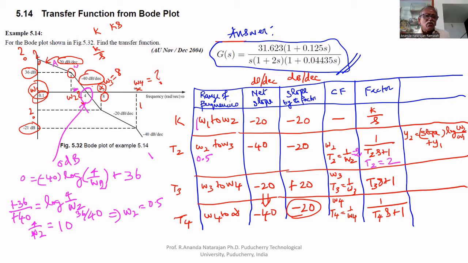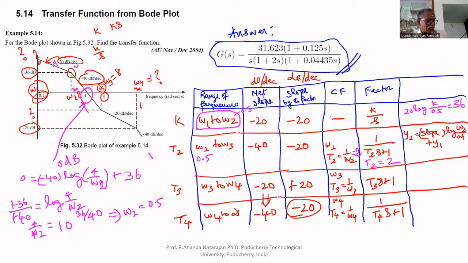Now, this slope is up to omega 2. Now we know omega 2 is 0.5 and the magnitude also we know. Therefore, for this we can write 20 log k by omega 2. That is, omega 2 is what? 0.5. 20 log k by 0.5 equal to 36.